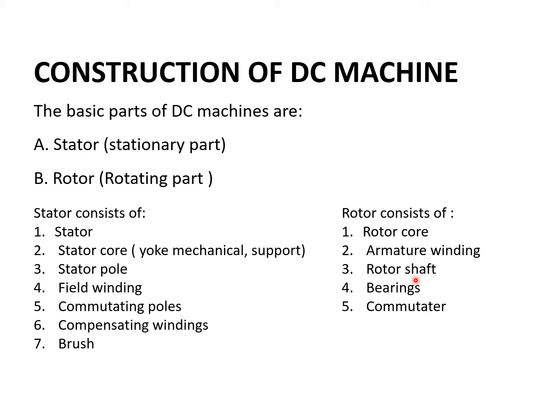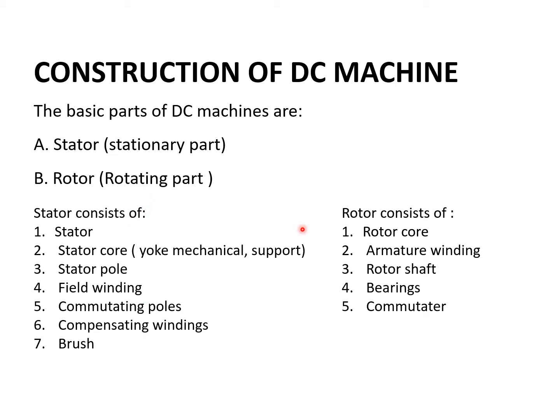Rotor shaft is the main axis shaft of the machine; all the rotating parts are fitted on it. Bearings support the rotor shaft, and the commutator is mounted on the shaft, with commutator segments insulated from each other, which convert AC to DC by mechanical rectification and keep the rotor MMF stationary in space.